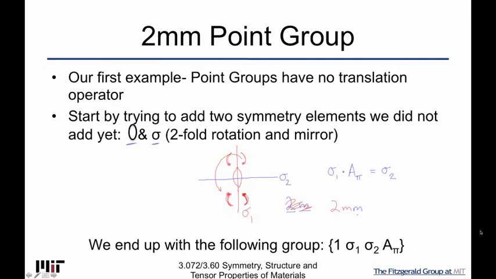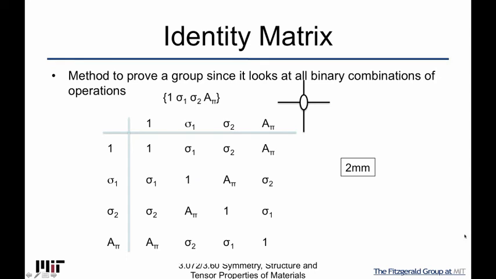And so let's look at our official proving of that with an identity matrix. This looks kind of complicated, but it's really just a simple way, if you're into group theory, to show how this works. And I think you can see now how with that sigma 2, which was induced by the presence of a pi and sigma 1, we now suspect that every two elements here should induce the third.